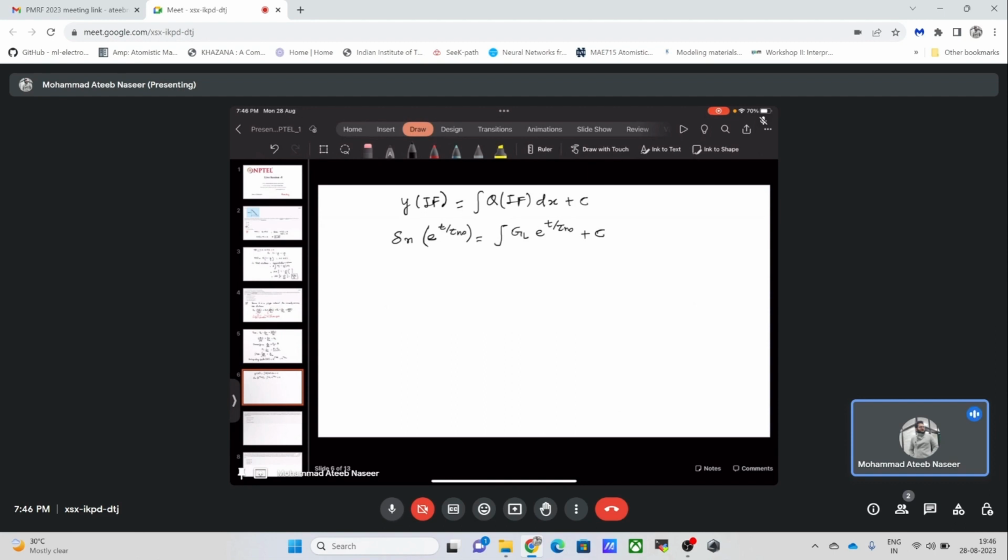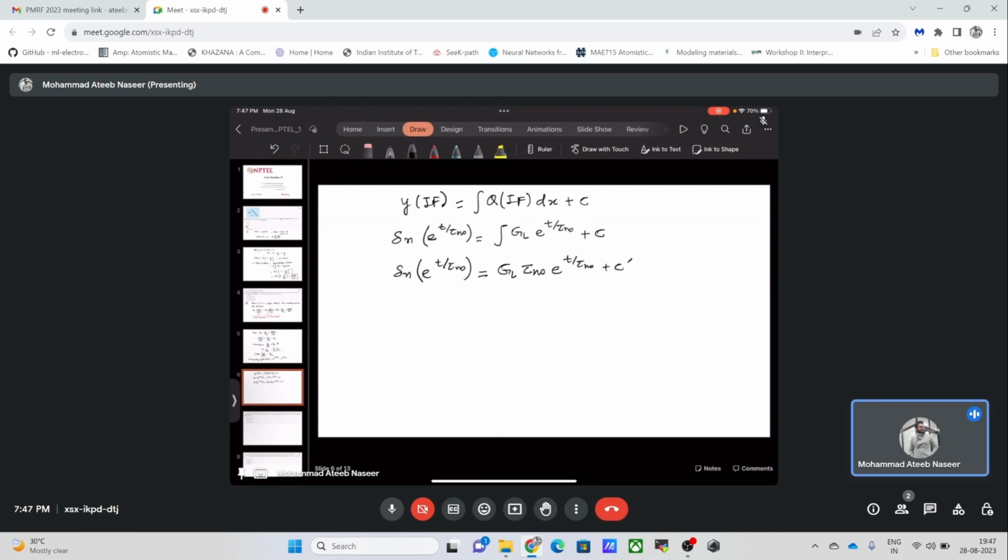Now this solution is simply GL tau n naught times the exponential of t by tau n naught, plus some constant c dash, equal to delta n e to the power t by tau n naught.